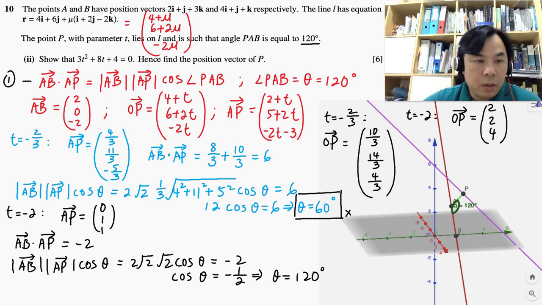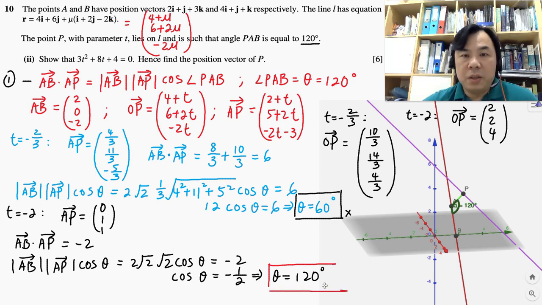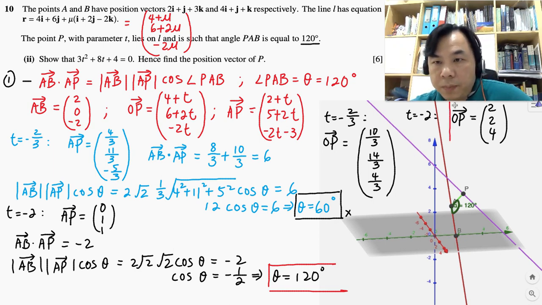So therefore, yes, at this point, I'm quite happy with the result. We successfully verified the correct t value that would yield this angle PAB equal to 120. Therefore, we can conclude that the correct position vector for P is given by this position vector here.